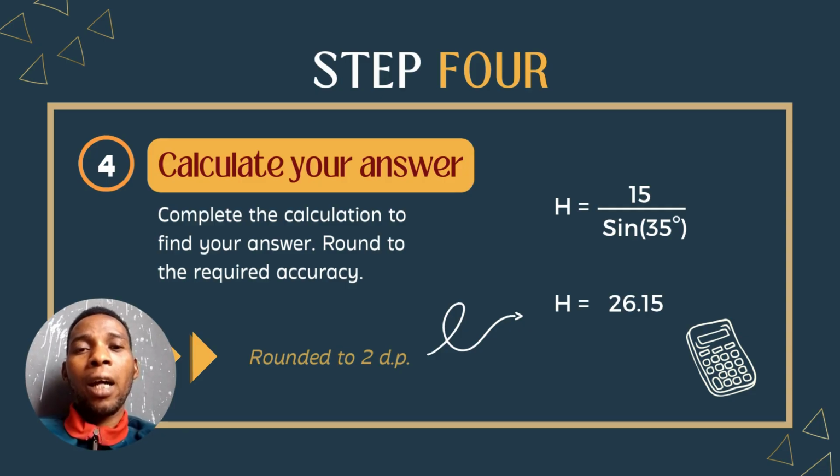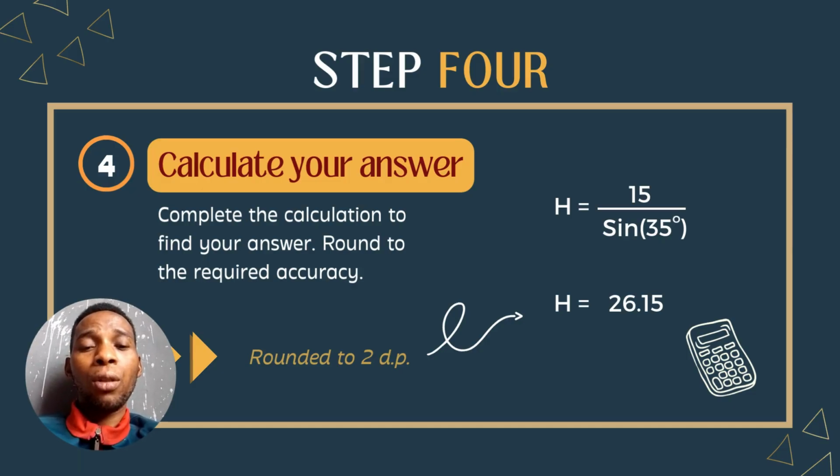Calculate your answer. After you have expressed it in this form, the next thing to do is to press your calculator. How do we do that? You have 15 as your opposite, that is your numerator, and the denominator is sine 35 degrees.